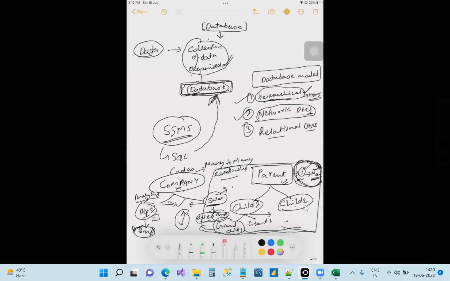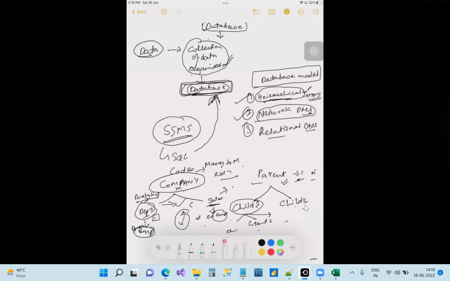First, hierarchical, did you get it? I gave the example of company and department. Do you want me to repeat network, or did everyone get it? Yeah, got it.